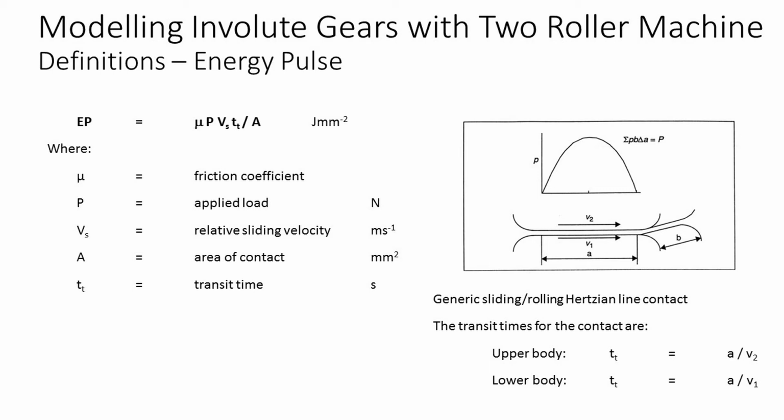It is important to note that in many machine components there can be very high FPIs, but because the contact durations are short, the energy pulse is low and hence the incremental damage is low.